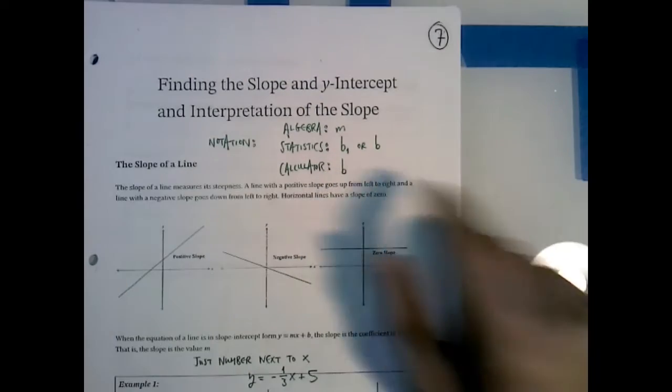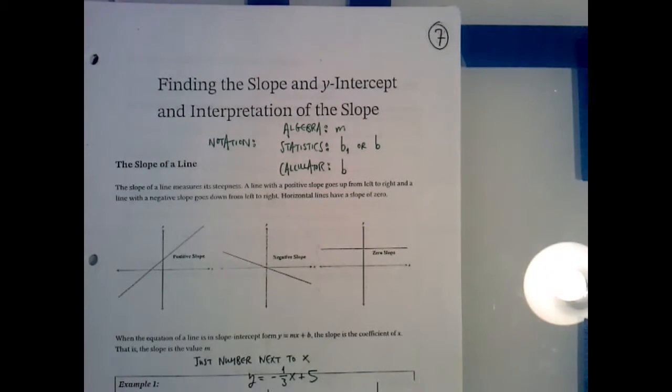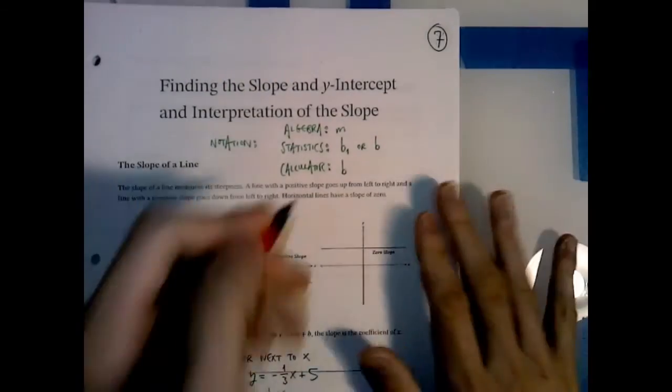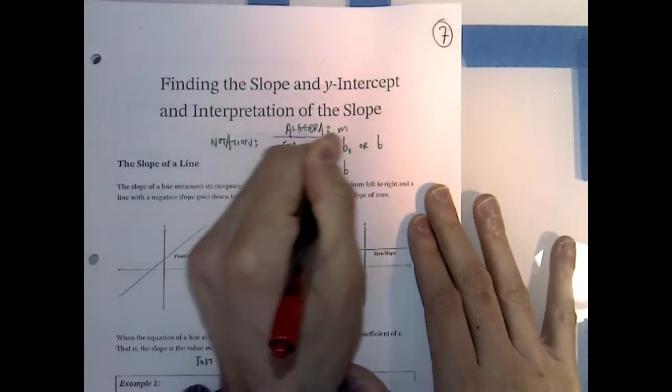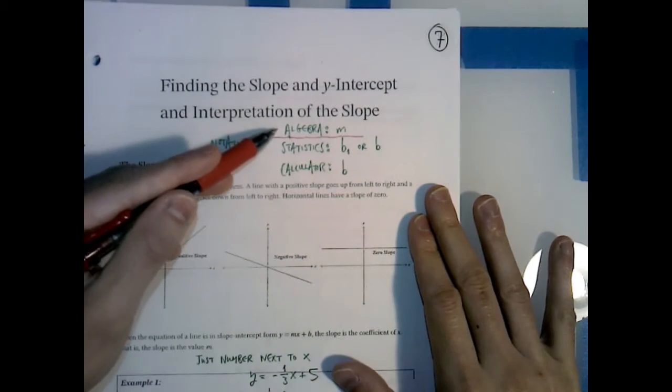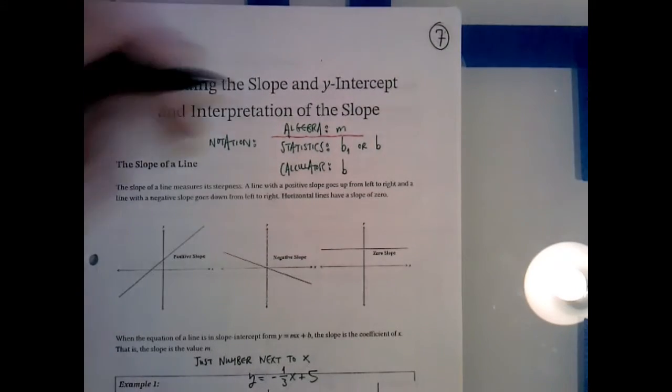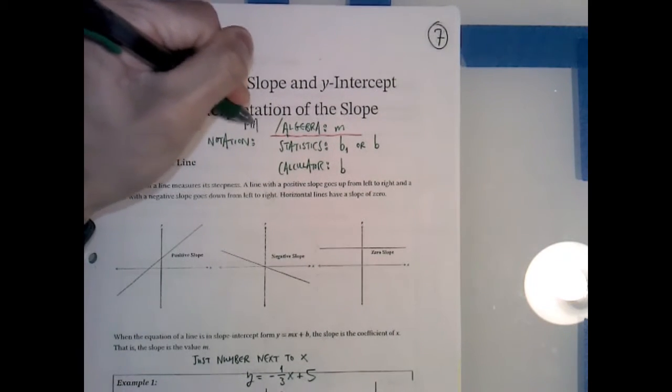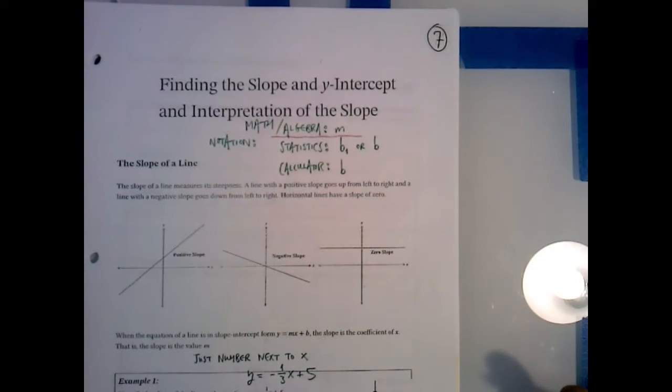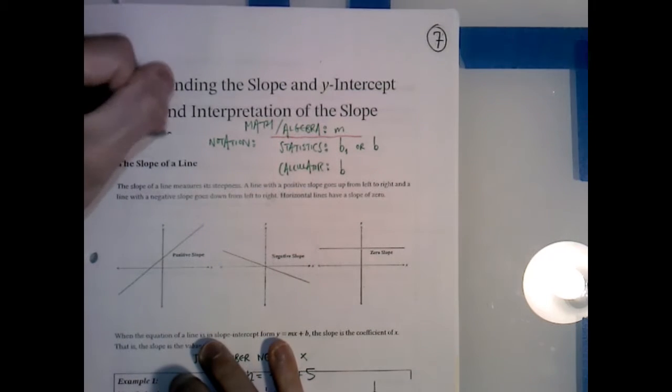This is a departure from what you usually learn in math. Unfortunately, math and algebra can't agree with statistics, but that's okay. Moving forward, the slope is b1. This is the slope notation.